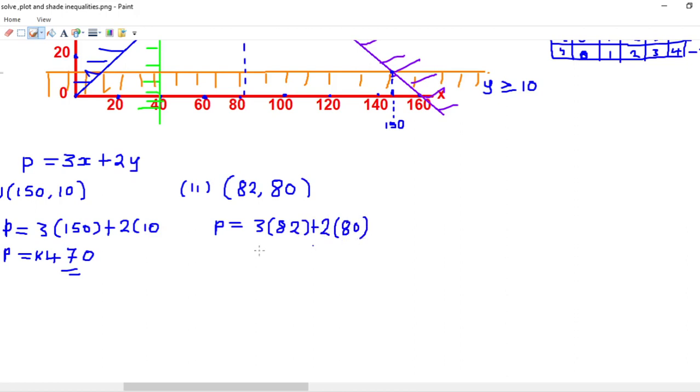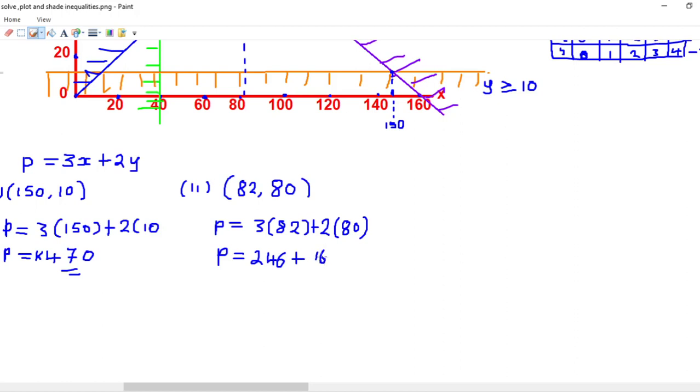So that's what we have. Now your profit again is going to be, that means you need to multiply 82 by 3. That's 246, right? Now you are going to have plus 80 multiplied by 2, that will give you 160, right?